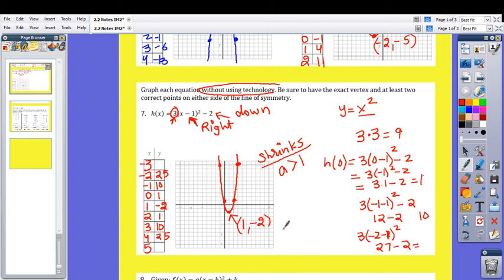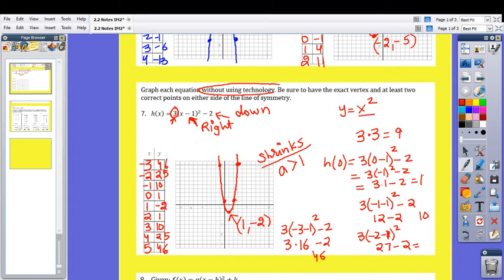So we will do 3, and then -3, take away 1, square of that, take away 2. This is -4. -4 times -4 will be 16, and then 3 times 16 will be 48, and then 48 take away 2 will be 46. So 46 and 46. Okay.